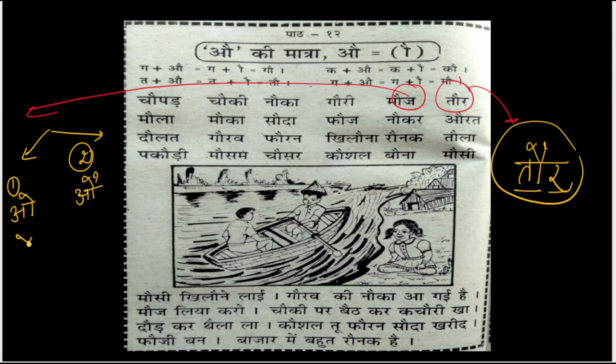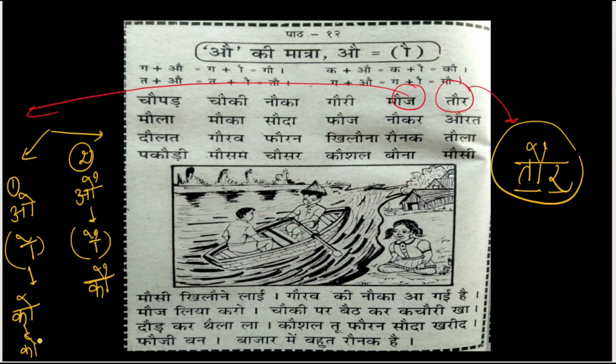This would be pronounced like ko, but when we apply the matra of au, the pronunciation of this word would be kau. Okay, kau. Let's see an example.